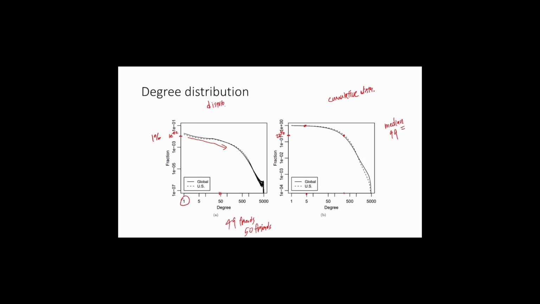And finally, I said that if the degree distribution follows a power law, we would expect to see a graph that looked like this. But we can see that it doesn't exactly have that shape. It has this hump in the middle part, maybe corresponding to degree 50 to 500.